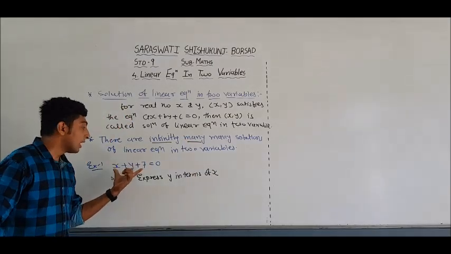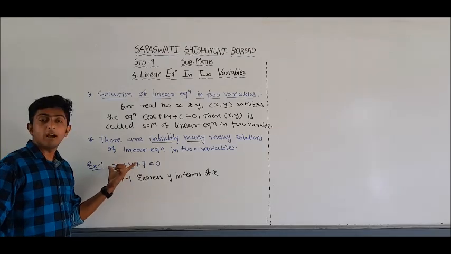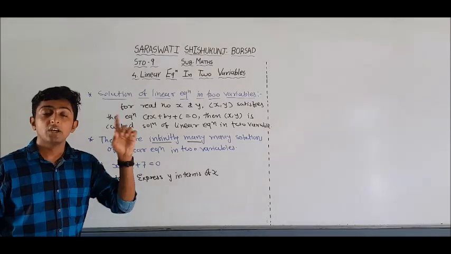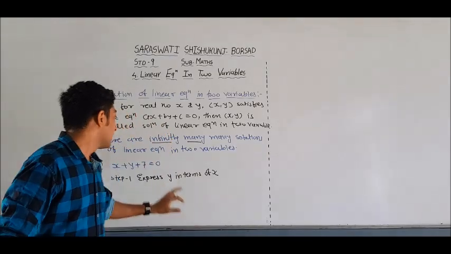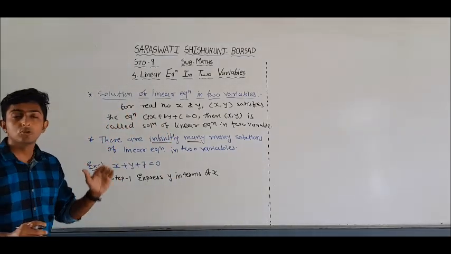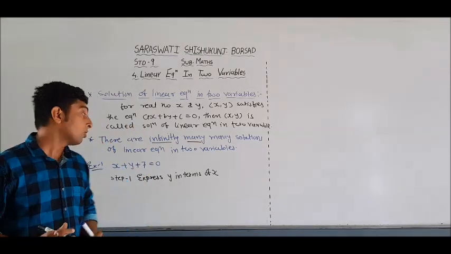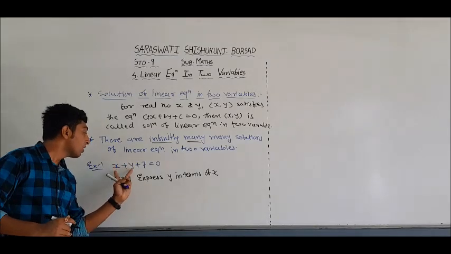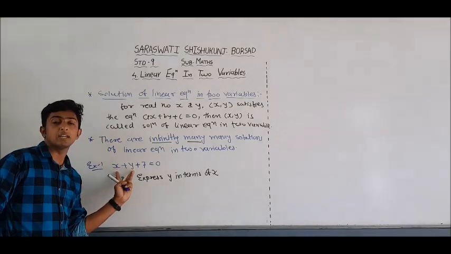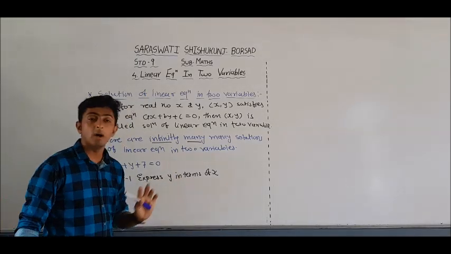Friends, it is easy where the coefficient of x or y is 1, then you have to express y in terms of x. The variable whose coefficient is 1, you have to convert it in terms of x or y. Here both variables have coefficient 1, that means you can also express x in terms of y.